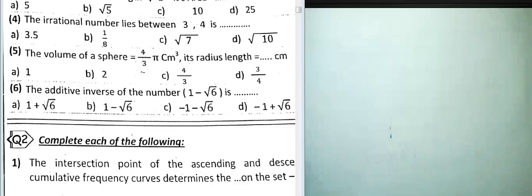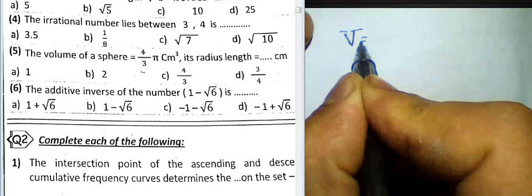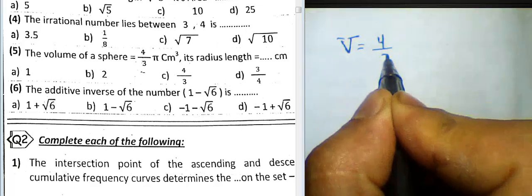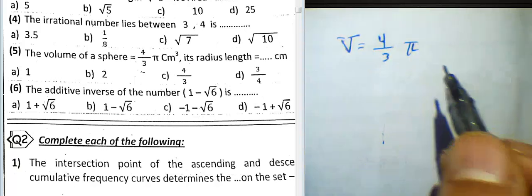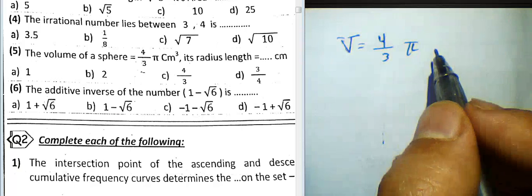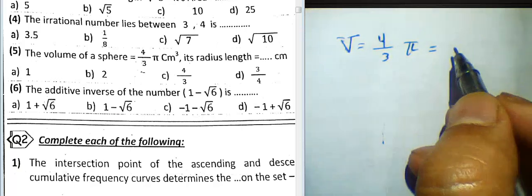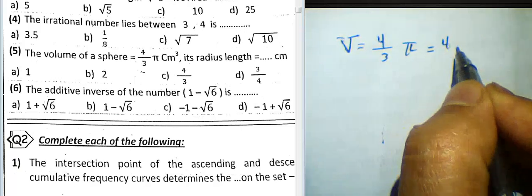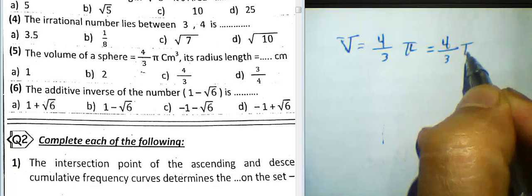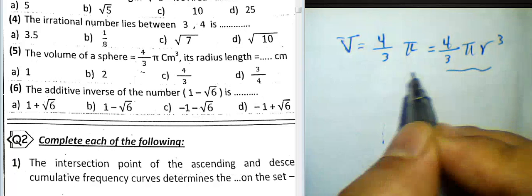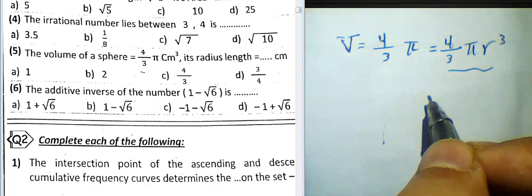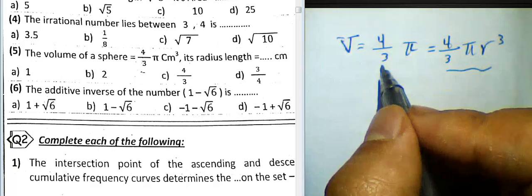Question number 5, the volume of a sphere equals 4 over 3 pi cubic centimeters, then its radius equals what? We know the volume of a sphere equals 4 over 3 pi r power 3. This is the rule for the volume of a sphere, and they give us the volume equal to 4 over 3 pi.